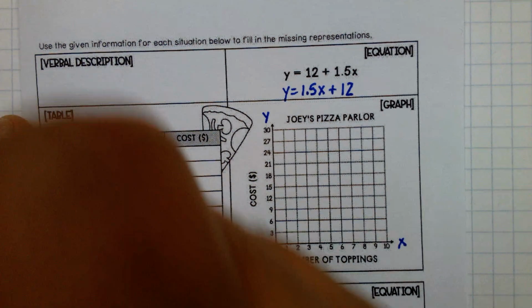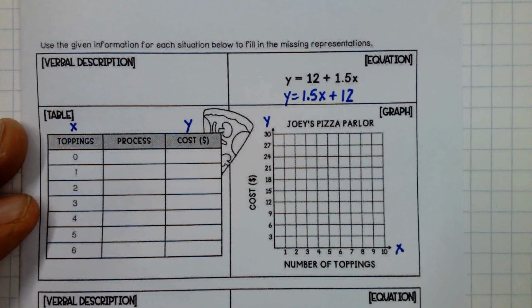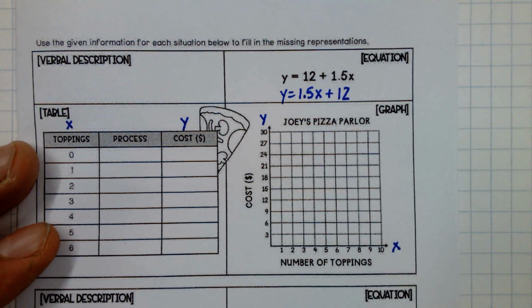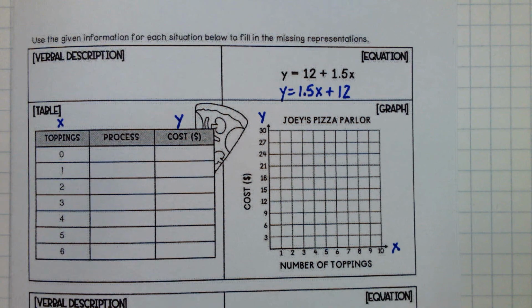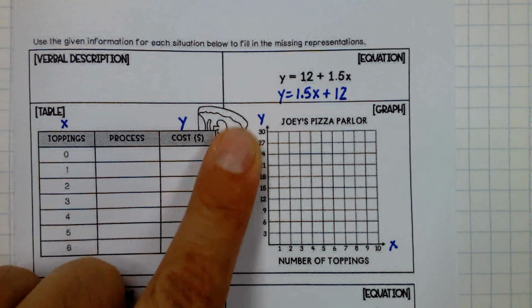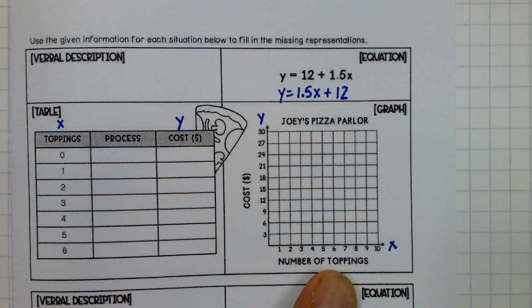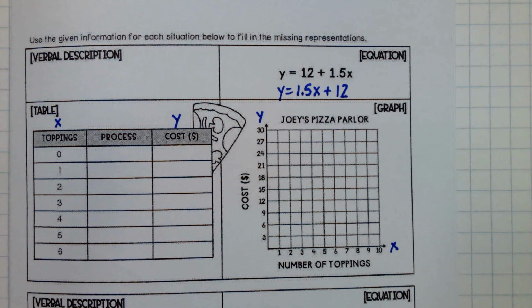Also here, look here. Number of toppings and the cost, where x and y would be. And we know it's 1.5 for the rate. And the rate is always y over x. So what are we measuring on y? Cost. What are we measuring on x? Toppings.